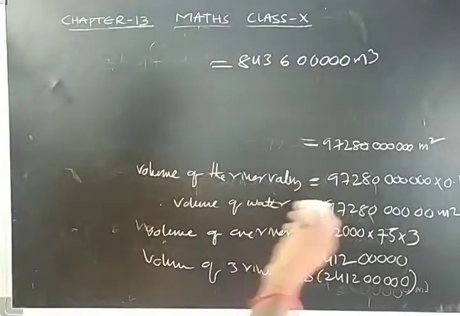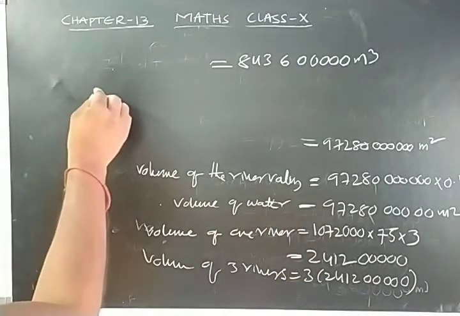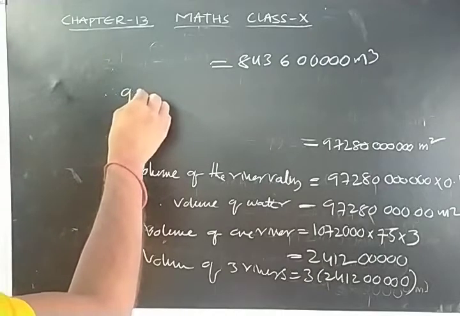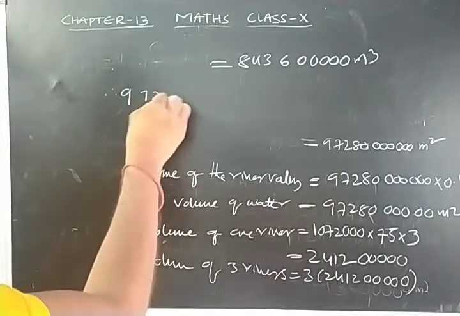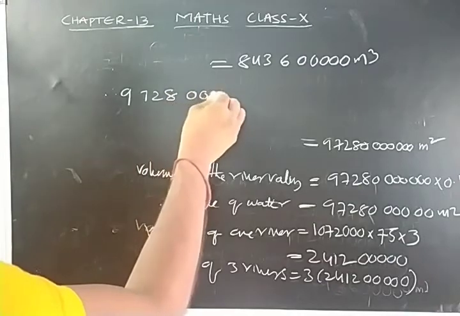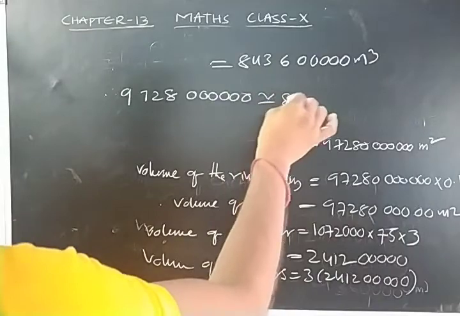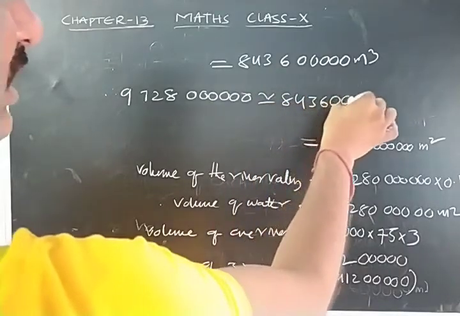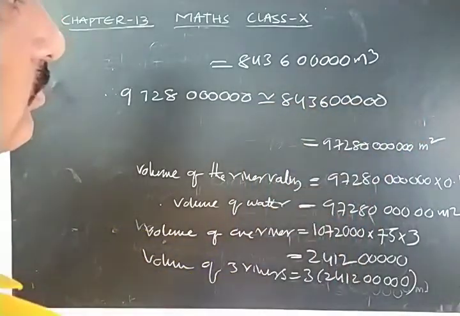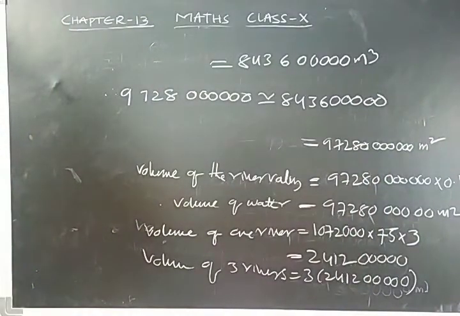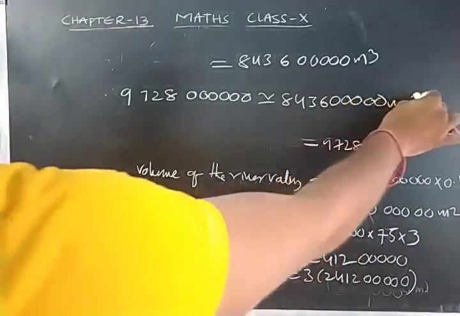Therefore clearly we can write 97280 with 6 zeros is approximately equal to 8436 with 5 zeros. Approximately equal quantities. Okay.